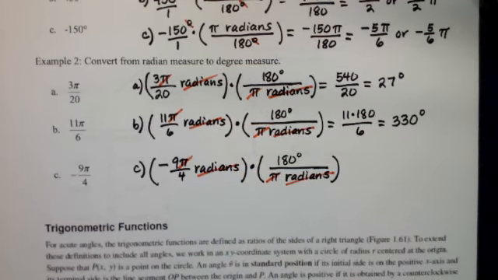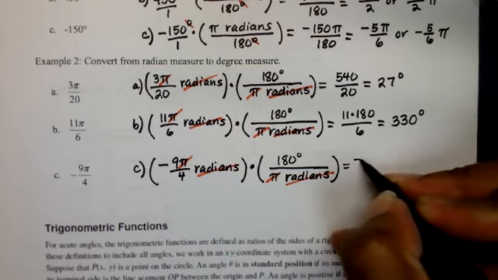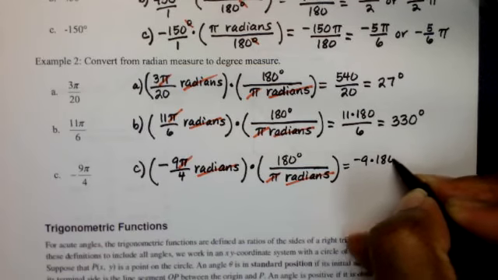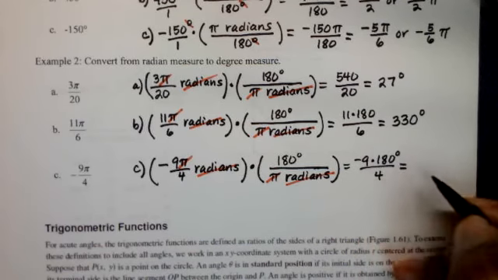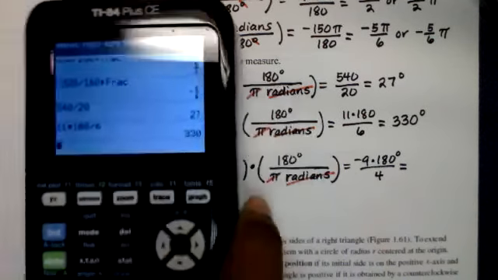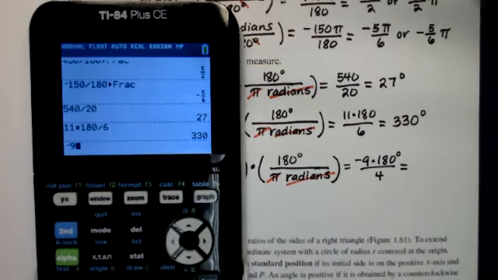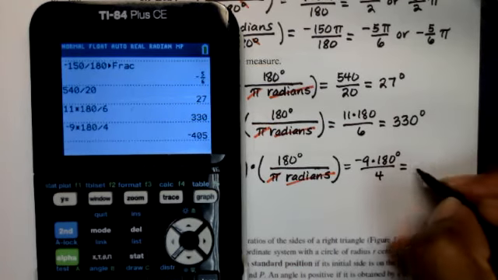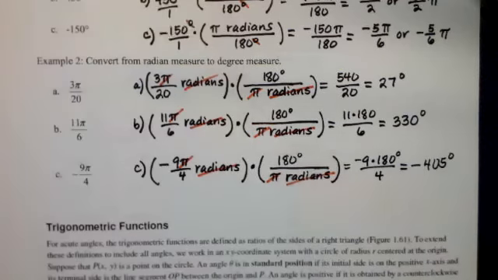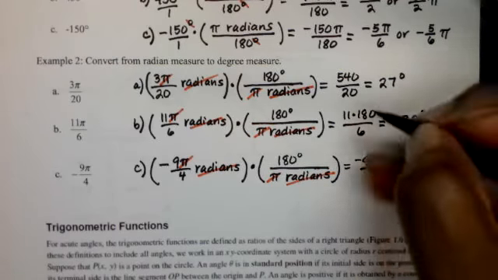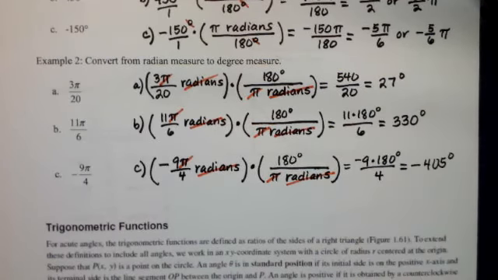So here we're going to be left with -9 times 180 divided by 4. And this is in degrees, by the way. So here, -9 times 180 divided by 4. So this will be -405 degrees. Okay, so that's how we convert from radians to degree measure.